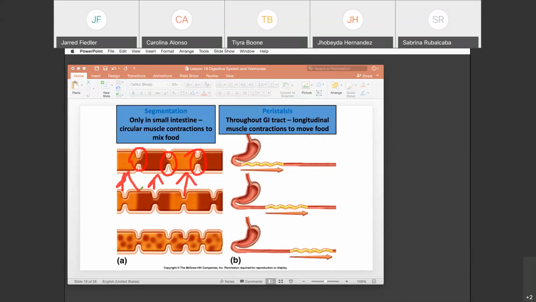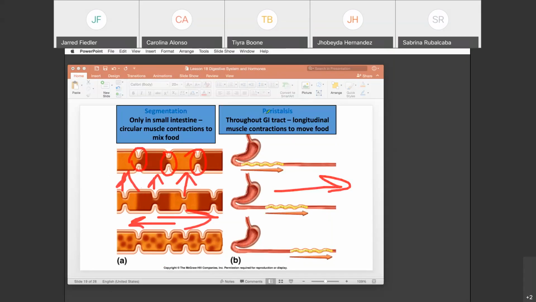Each segment is going to have a mini contraction, and this mini contraction is going to allow the chyme to further break down and mix. And it's going to be moving the chyme back and forth, as you can see here. It's going to be moving this way, then this way, as you continuously contract. But the net movement of the chyme is in this direction, towards the large intestine, right?